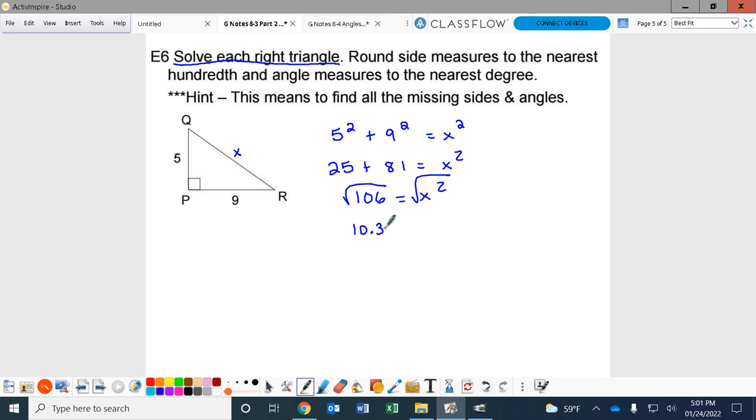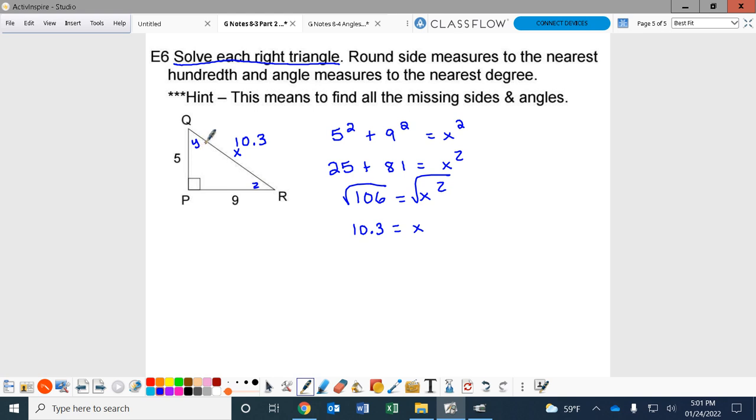You can write 10.3 or 10.30 equals x, and we're going to write that right here, 10.3. Now the other things that I'm missing are going to be this angle right here and this angle right here. I'm going to use the 5 and the 9 to find both those angles because those are not rounded answers, so I'll get an exact if I do that with the 5 and the 9.